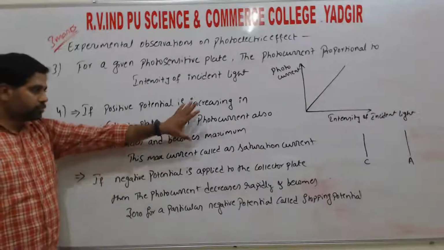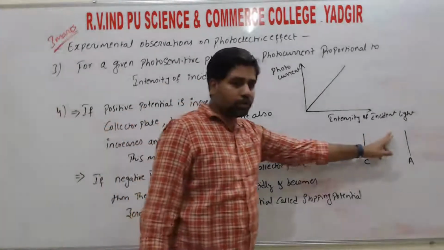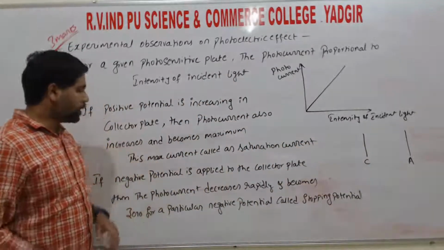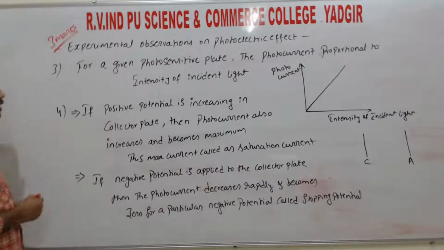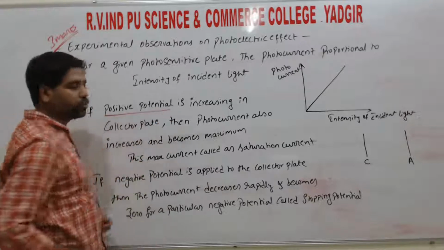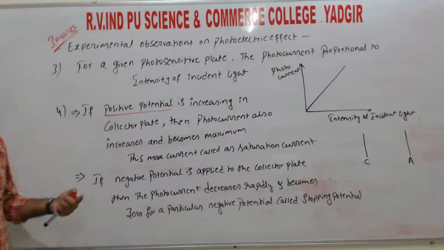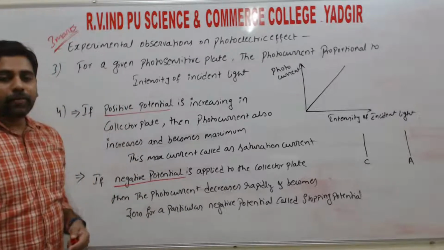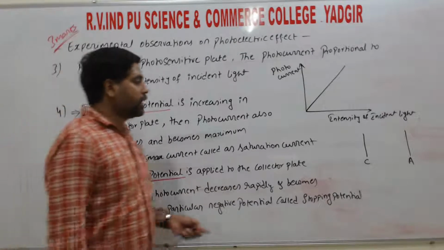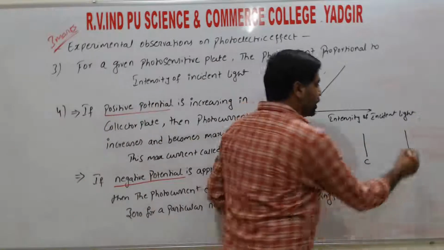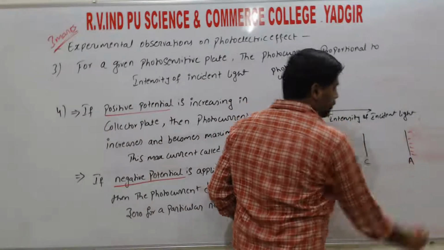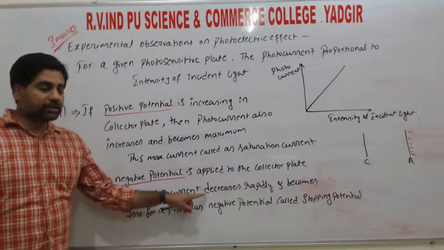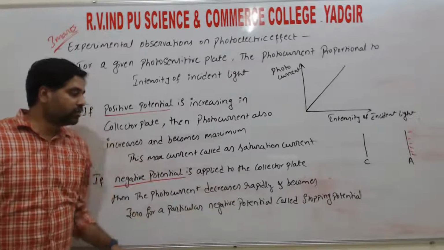Here first we apply the positive potential to the collector, right? Next we apply the negative potential. Here we apply the positive potential to the collector plate and keep increasing. Here we apply the negative potential to the collector plate and keep increasing. As we apply the negative potential, the photocurrent decreases rapidly and becomes zero.